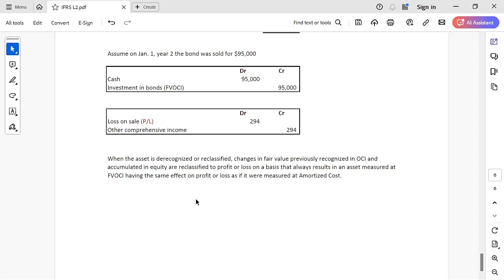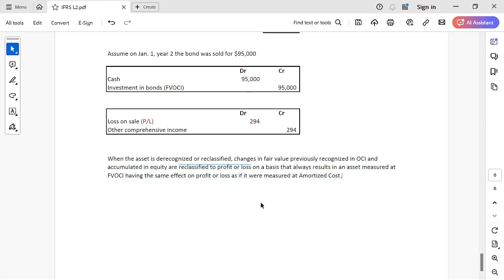In such a case, if there is a reclassification or change in the model, all the amounts previously recognized in OCI and accumulated in the equity section, because accumulated OCI is part of the equity section, have to be reclassified to profit or loss on a basis that results in an asset measured at fair value OCI having the same effect on profit or loss as if it were measured at amortized cost.